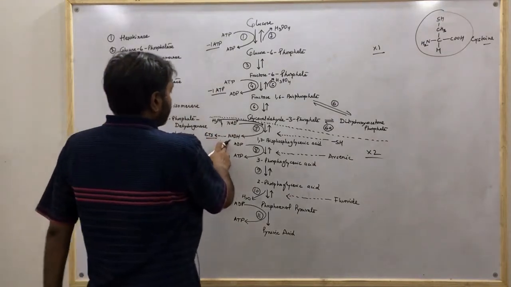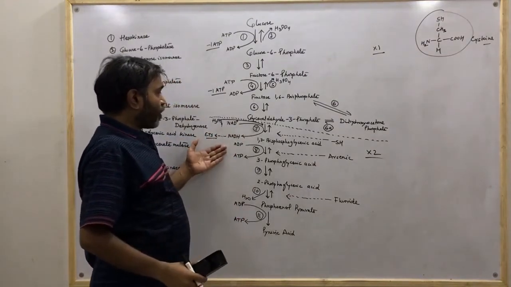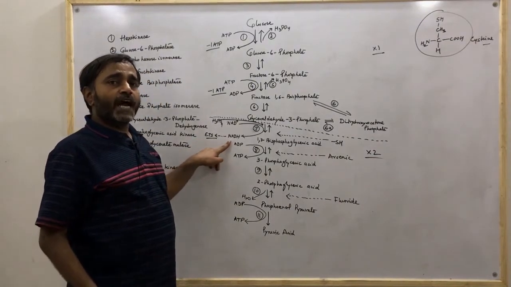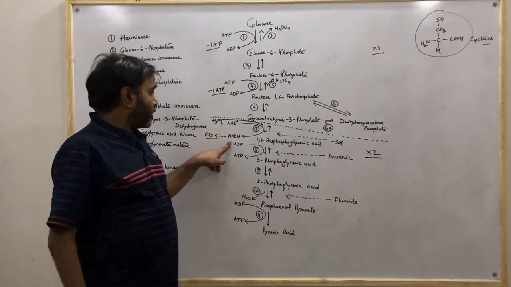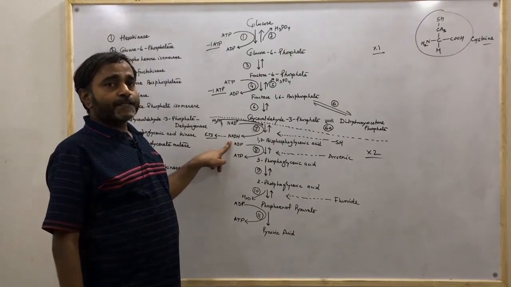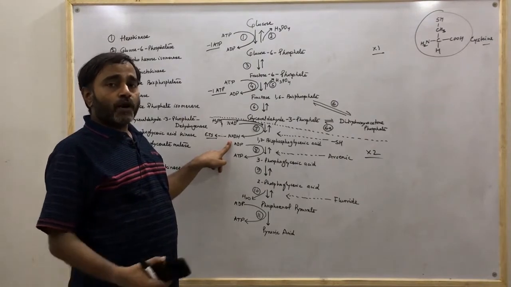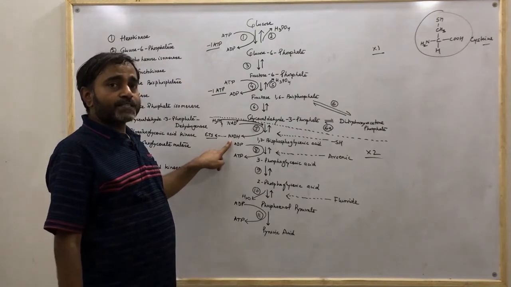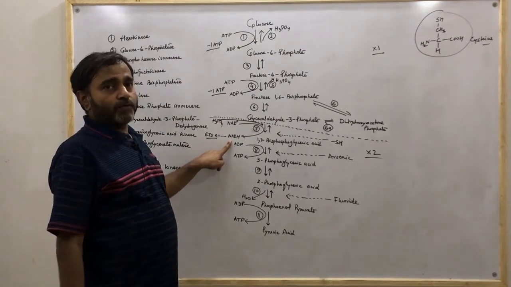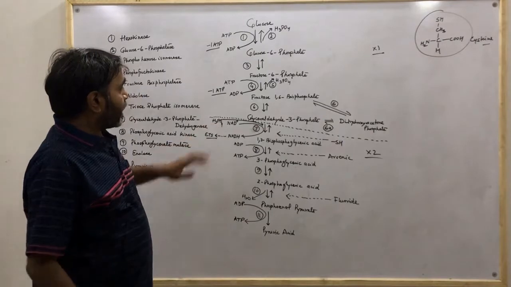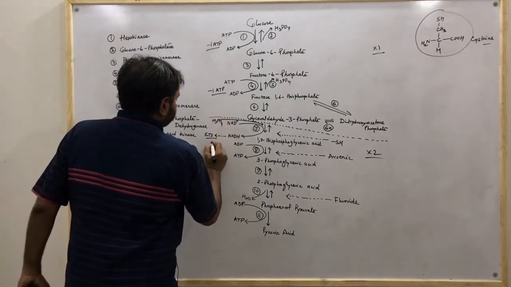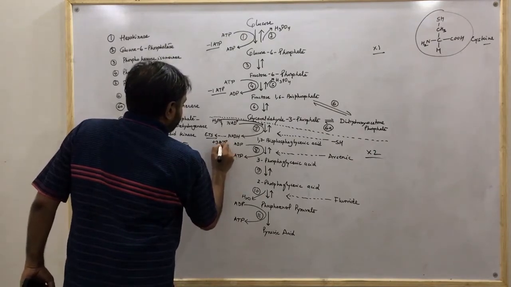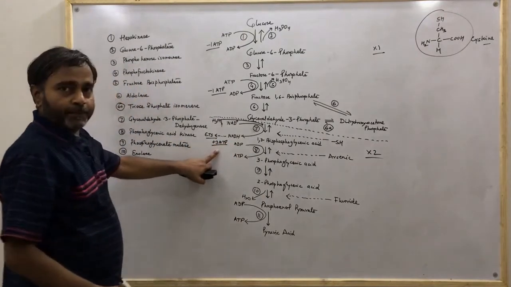And here I told you that when the electron passes from the enzyme, which is particularly dehydrogenase, to the further protein complexes of the electron transport system, 3 molecules of ATP will be formed at that time. So we can write 3 ATP for this, and it will be positive because it will be the gain of ATP.